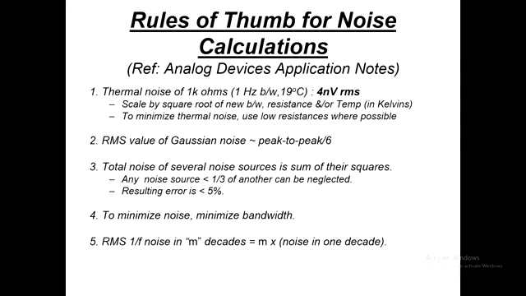Some so-called rules of thumb here from Analog Devices. For thermal noise in an ordinary old resistor at roughly ordinary room temperature in a 1 Hertz bandwidth, 4 nanovolts RMS. So in 100 Hertz bandwidth, we could just scale that by a factor of 10.